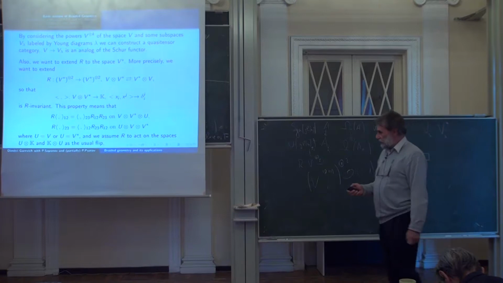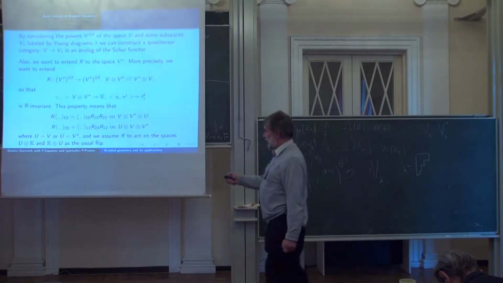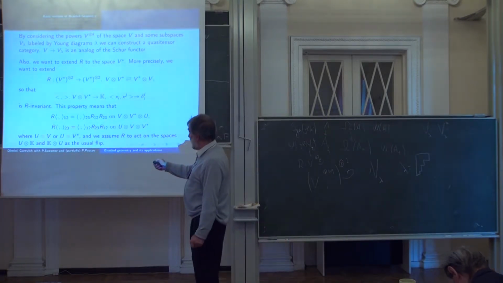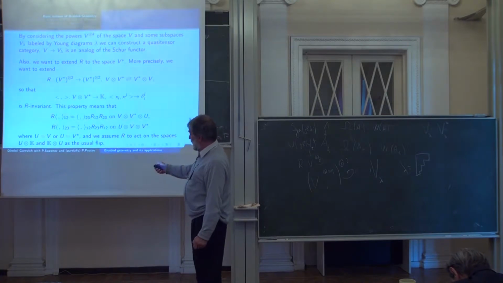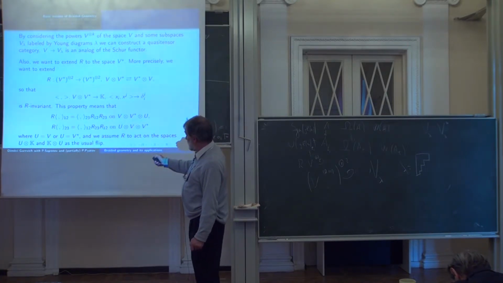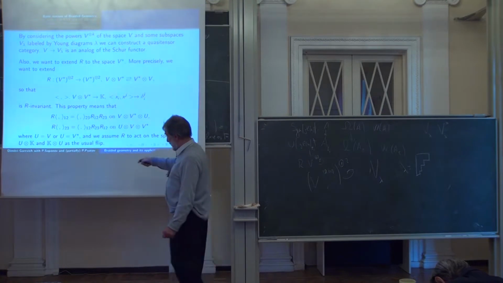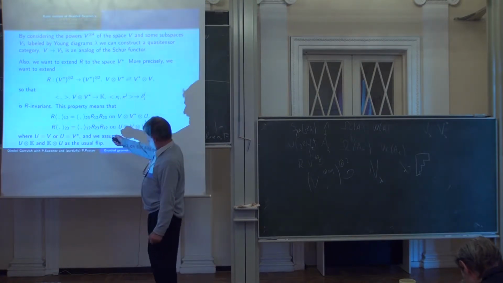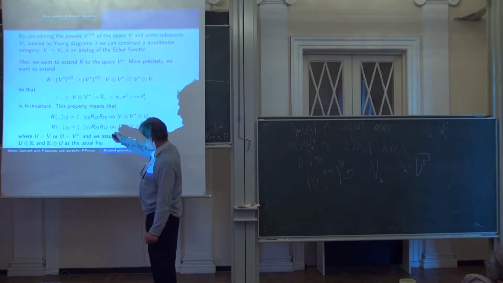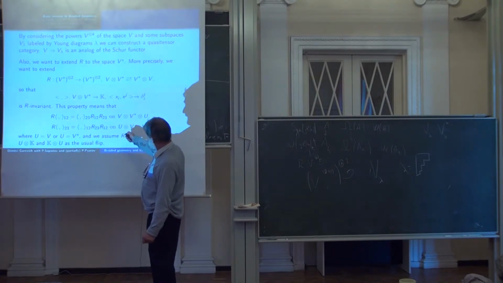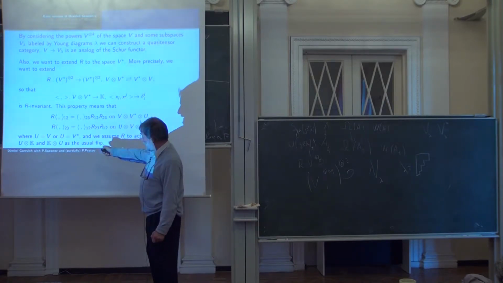Skew invertible means that there exists an extension of this braiding R so that we can construct an extension on the dual space. So we can apply the extended R to V dual squared and so on. As well we can transpose V and V dual so that there exists a pairing between the two spaces so that this pairing is invariant.